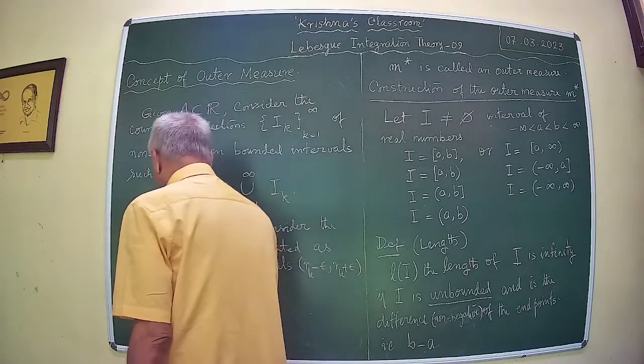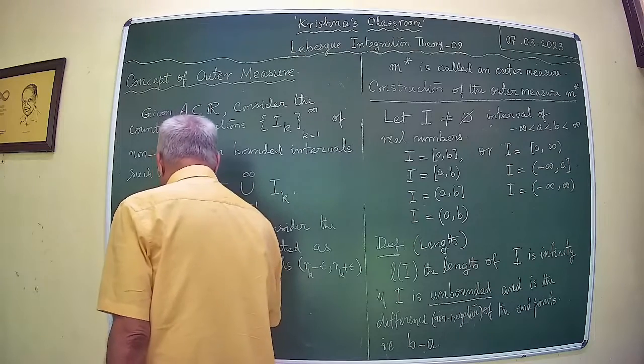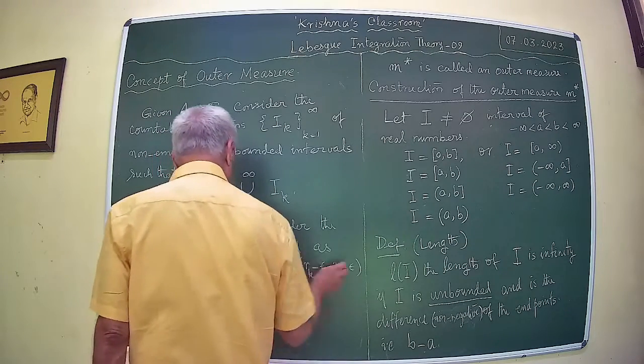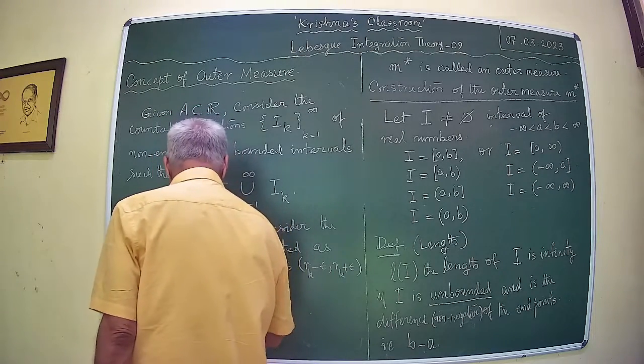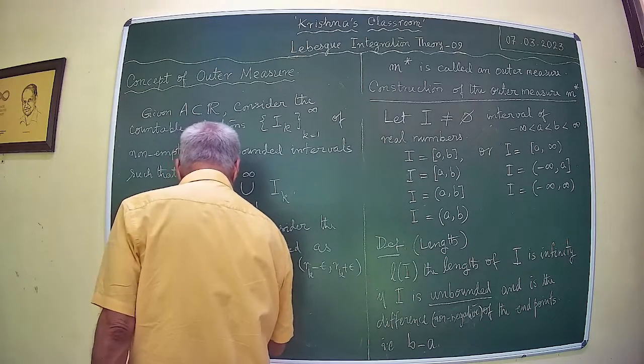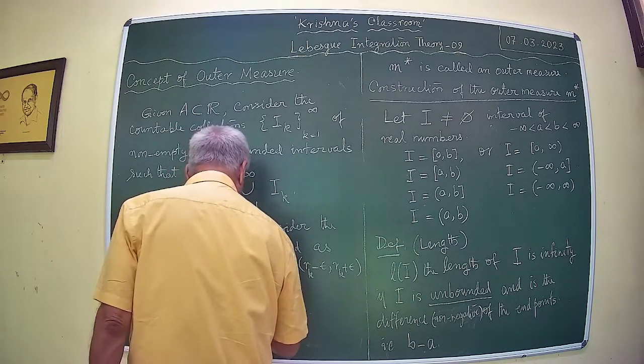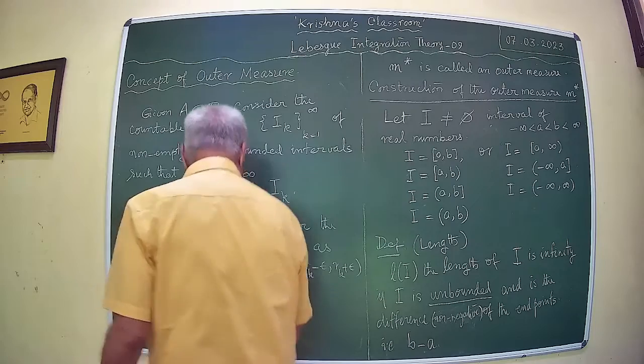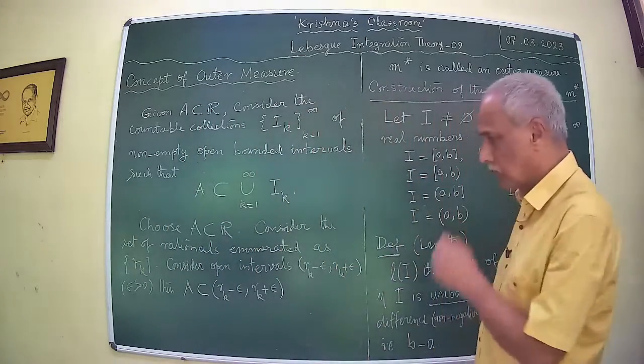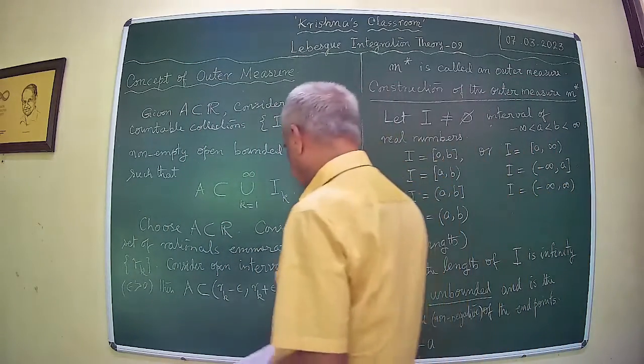Then A is certainly contained in their union, because the set of rationals Q is dense.